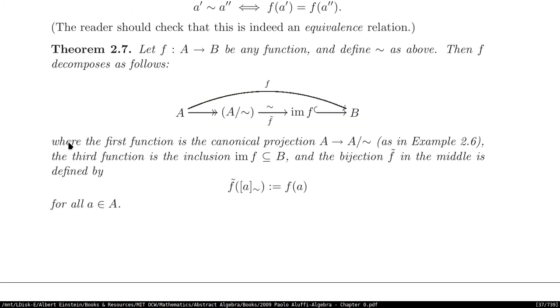In detail, the first function is the canonical projection that we saw before. It maps every element of A to its equivalence class.